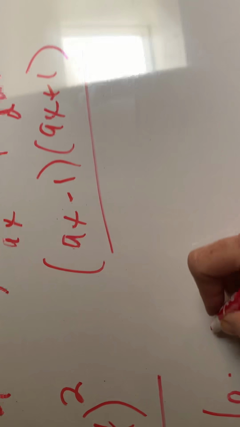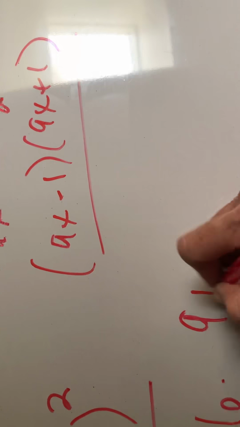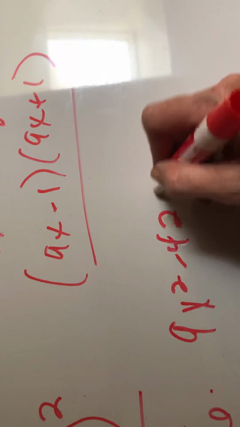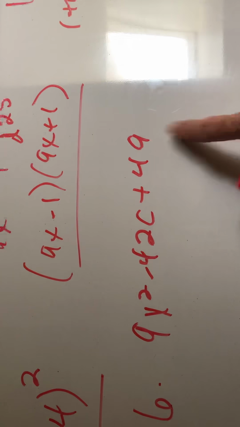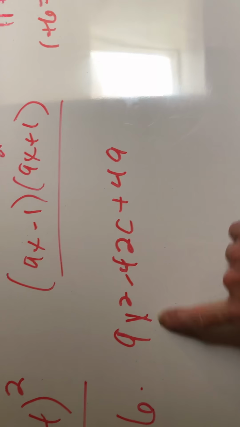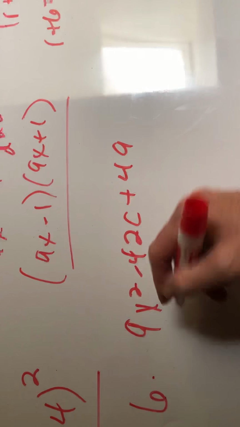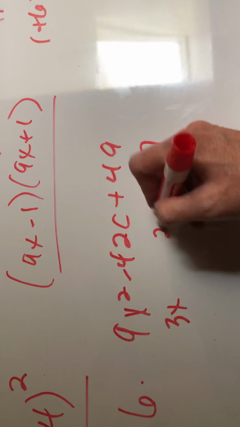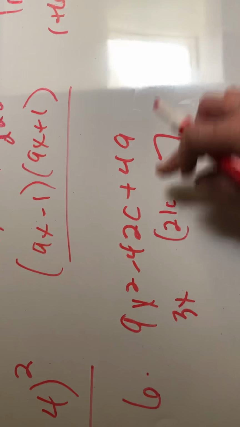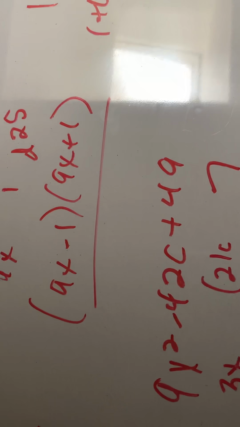Then number 6, we've got 9x squared minus 42c plus 49. Got a square root, got a square root. So 3x and 7. 3x and 7 is 21. C, hold on. Is it C or X?